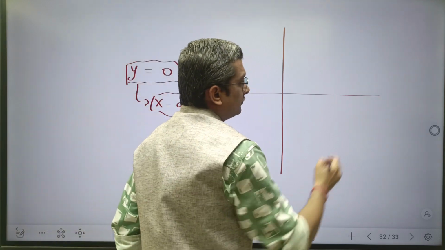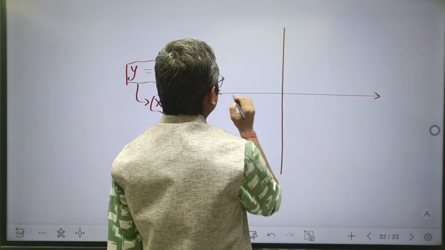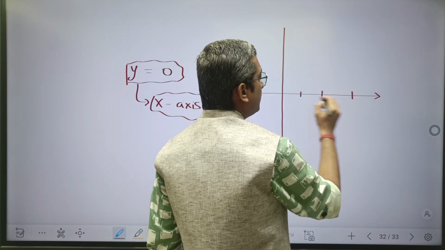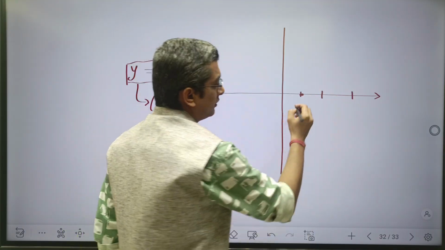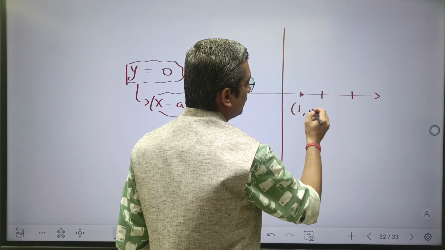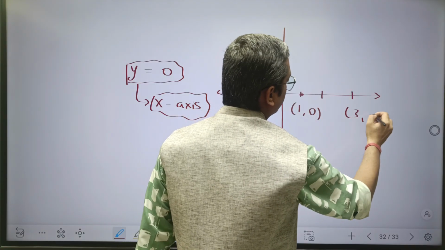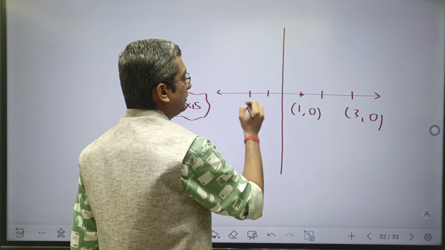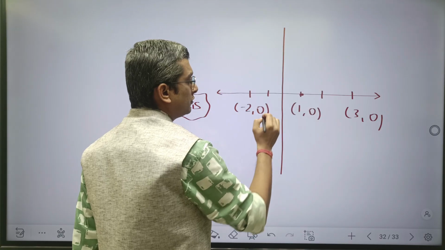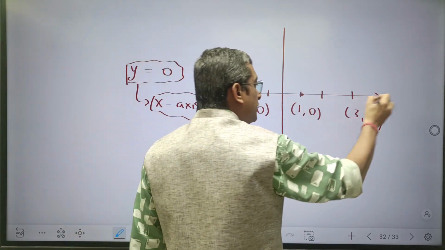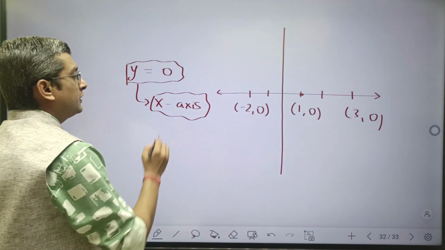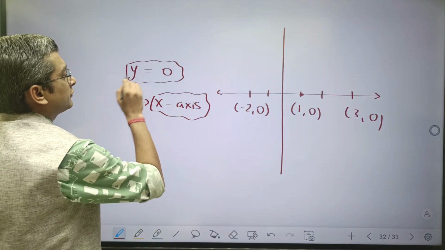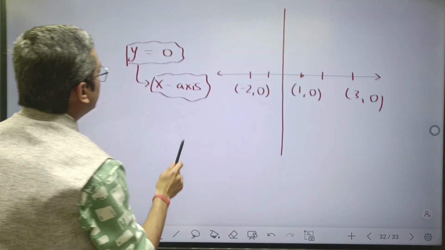Because you move along the x-axis, any point will have its y coordinate as 0. For example, here it is 1 comma 0, here it is 3 comma 0, and here it is minus 2 comma 0. So on the x-axis, every point has the y coordinate as 0. So we say the x-axis represents the equation y is equal to 0.